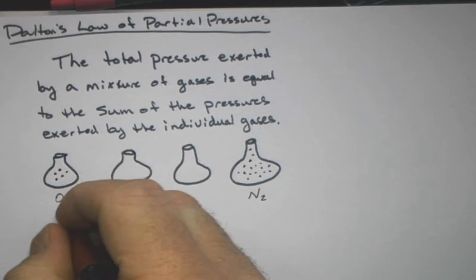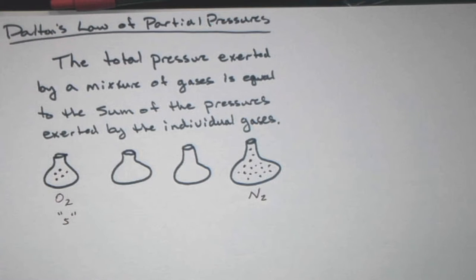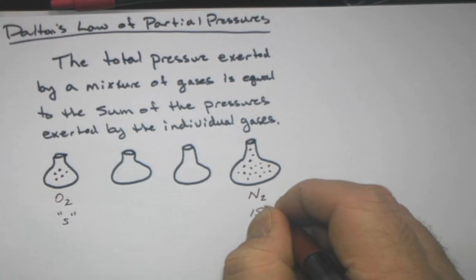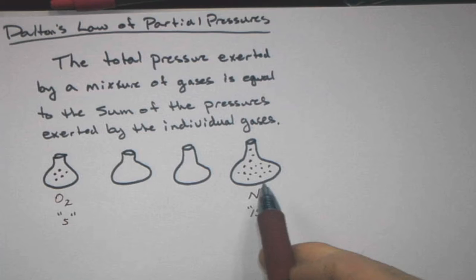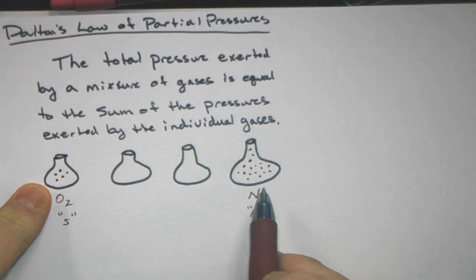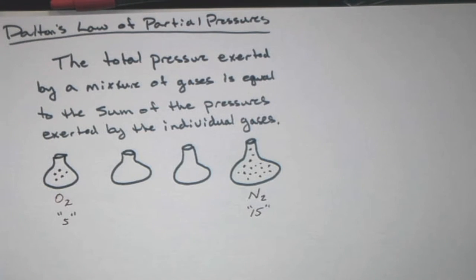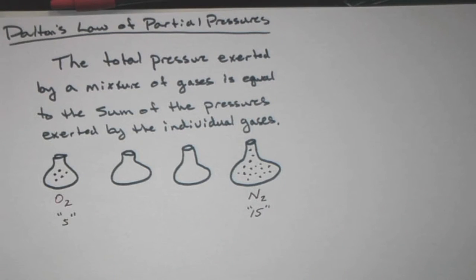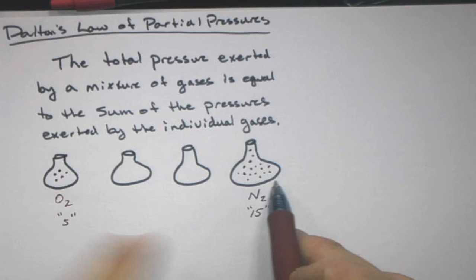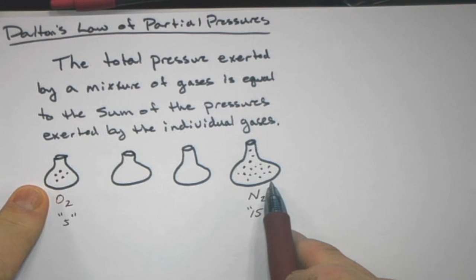So we're going to call this 5 parts, or 5 moles, or 5 millimoles, or whatever. This is going to be 15 parts. So this has 3 times the number of particles that this oxygen does. Now, everything we've learned so far, if this is the same flask, the same volume and the same temperature, how are the pressures of these two things going to compare?